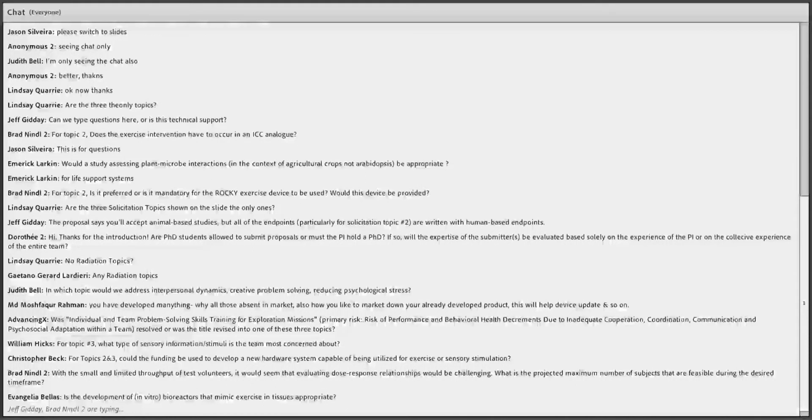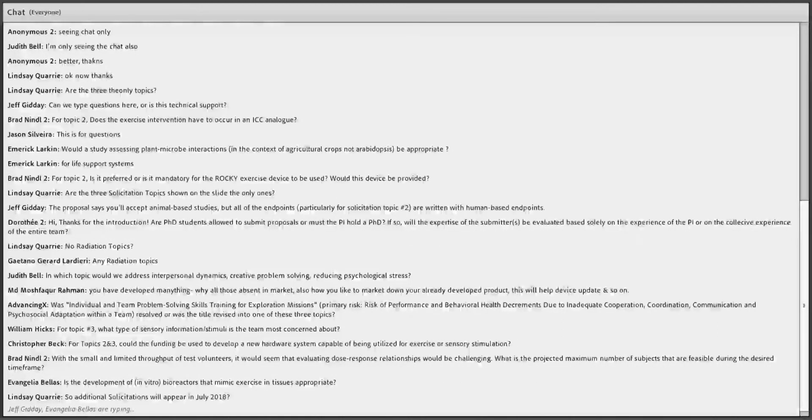And for topic 3, what type of sensory information stimuli is the team most concerned about? The information in the topic lays out the different types of sensory stimulation countermeasures that have been identified. What we're most interested in is identifying what can be used as a countermeasure for a diminished sensory influence. One of the things that we have seen in some of the long duration is that you get diminished areas on the somatosensory cortex, for example.